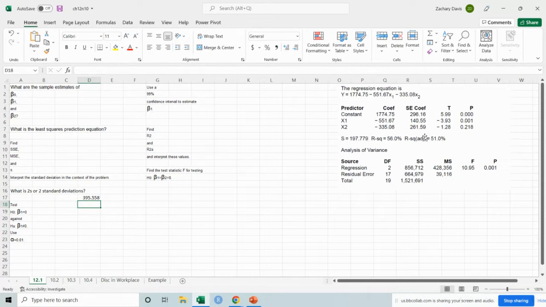And then we would interpret the adjusted r squared, that we can explain 51% of the variation in y based on these two variables. Clearly, there's more variables we should be adding, and maybe finding a substitute for x2 depending on what the scenario is.